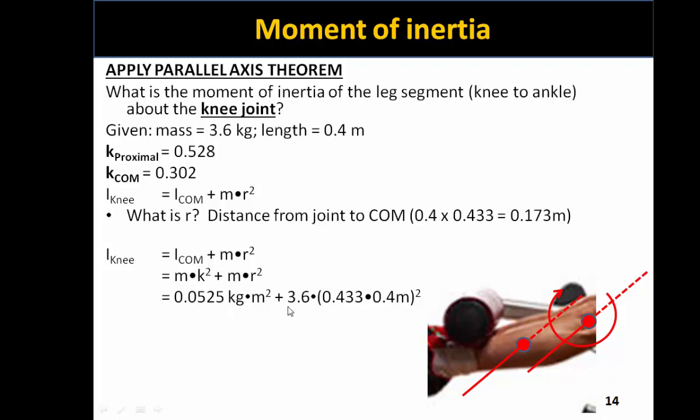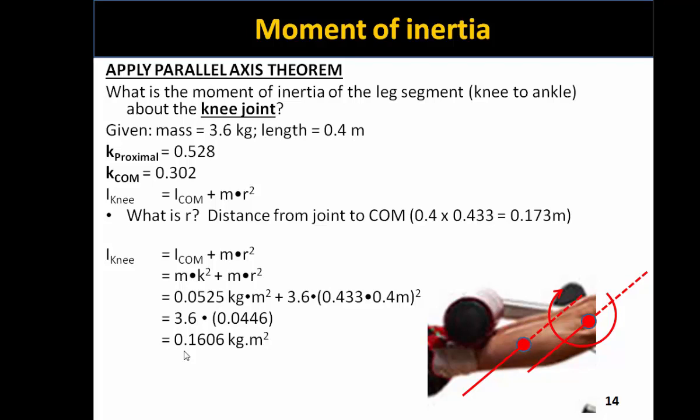We add that to the mass, which is 3.6, times 0.4 times 0.433. I reversed the order here; it doesn't matter, it's commutative. We square it, run through the math, and find a final value for the moment of inertia about the knee, which is identical to the value we calculated on slide 13 when we used the radius of gyration value from the table.